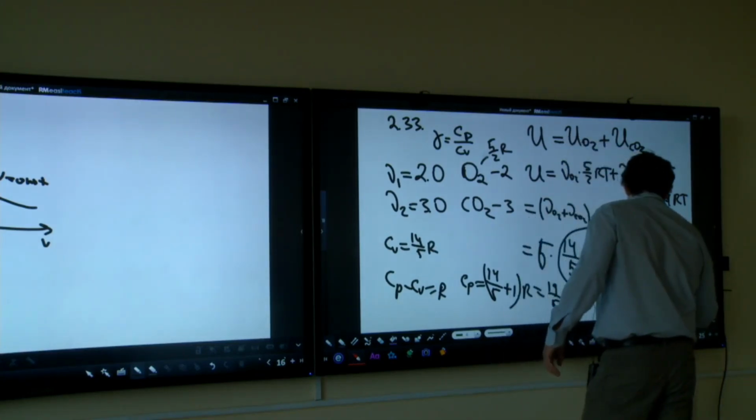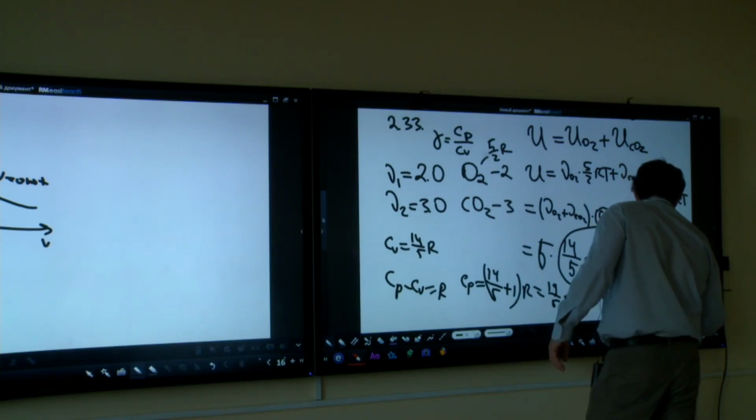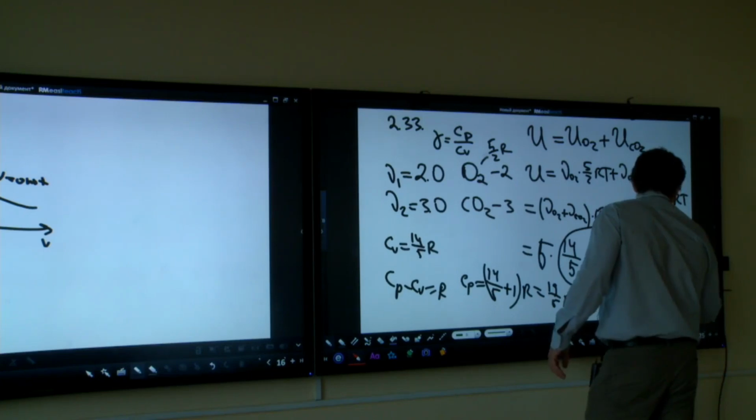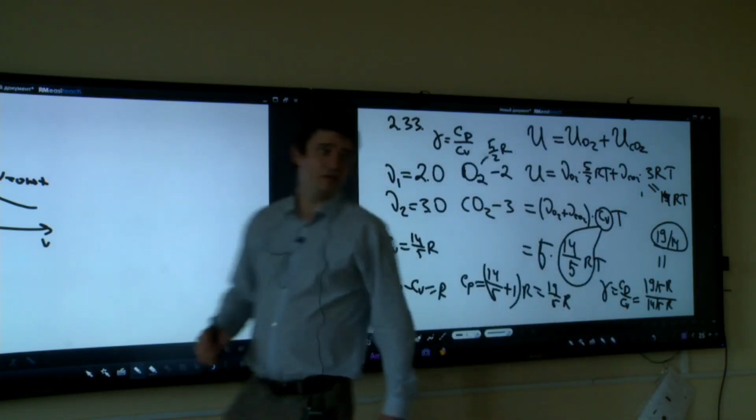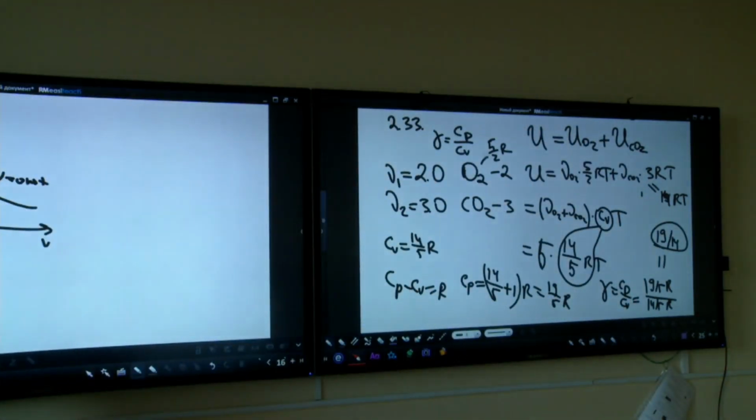This is 19 over 5 R over 14 over 5 R. Finally, that's 19 over 14. That's the answer to this problem.